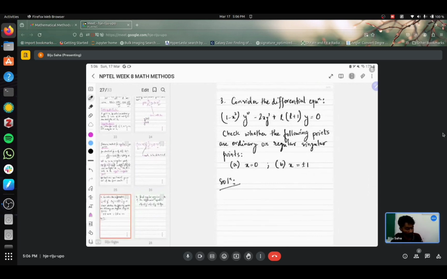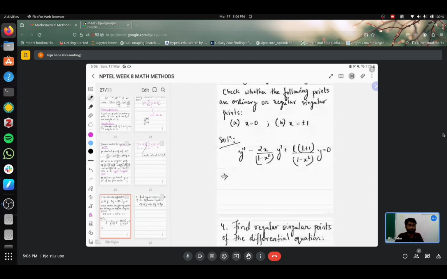Let us first write it in the standard form, that is making the coefficient of y double prime equal to 1. So we divide throughout by 1 minus x square. This is what we obtain here. Now my P1(x) and P2(x) are given by this.